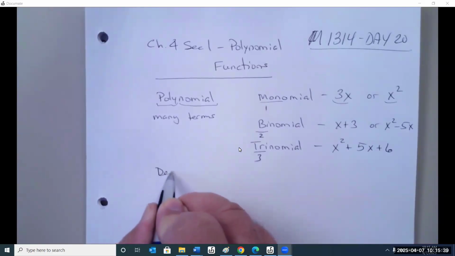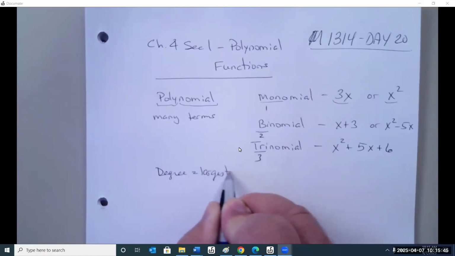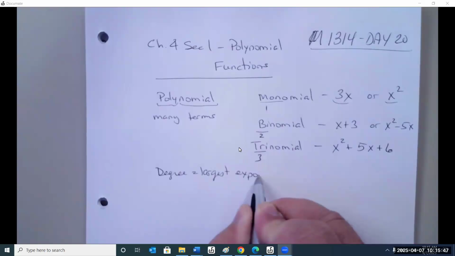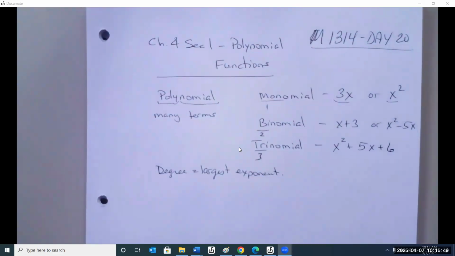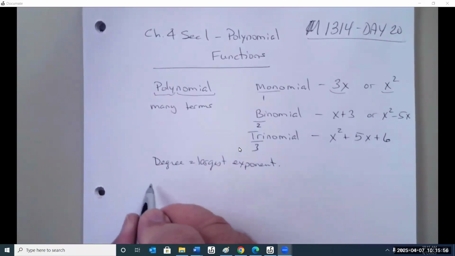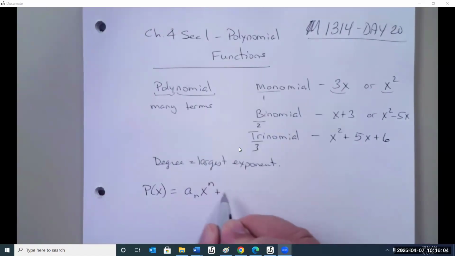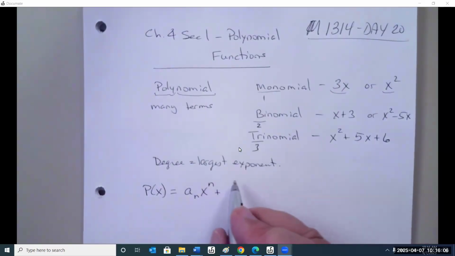Remember, the degree is the largest exponent. So whenever you have a polynomial, the first thing you want to do is arrange it so it's decreasing in power of exponents.